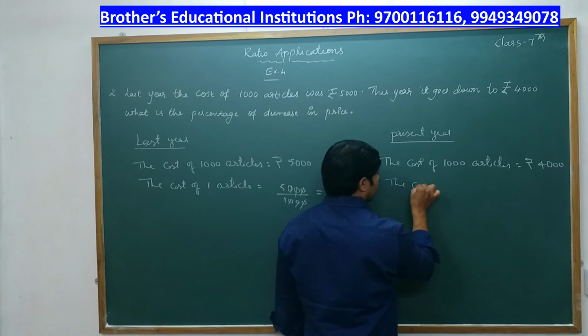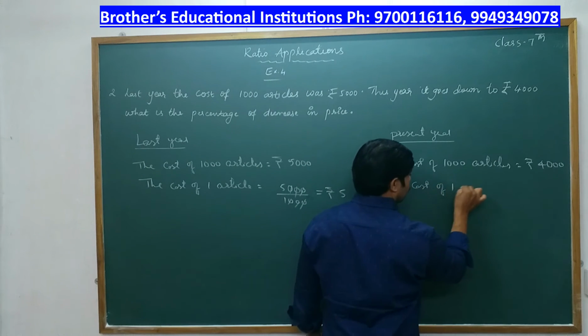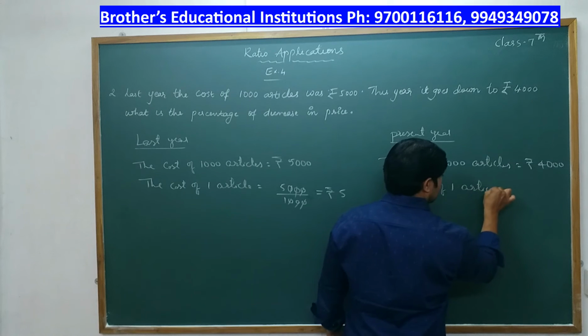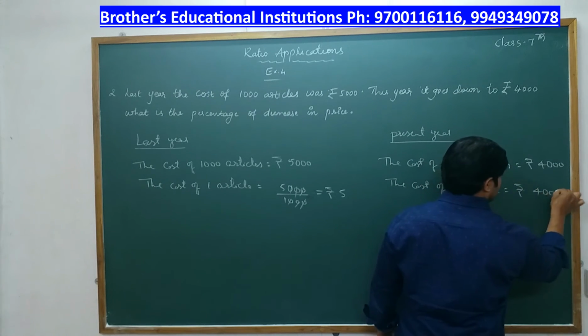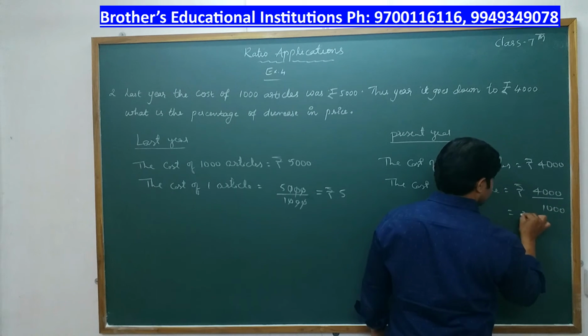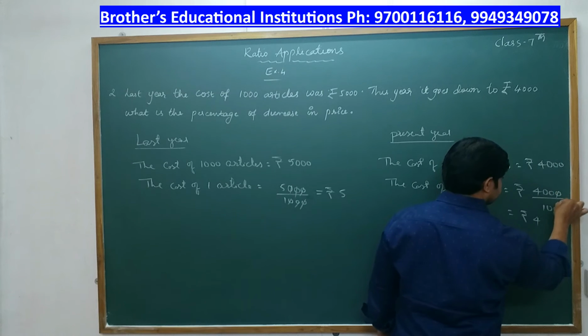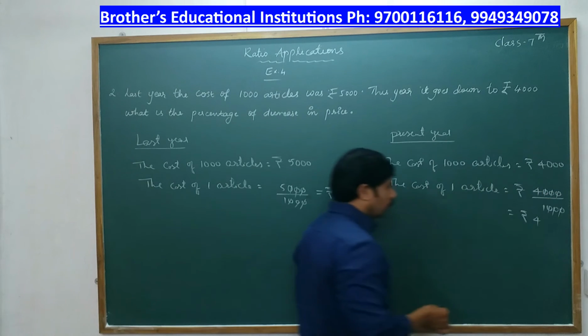So here we find out the cost of one article. It is 4,000 by 1,000. So we get 4 rupees.